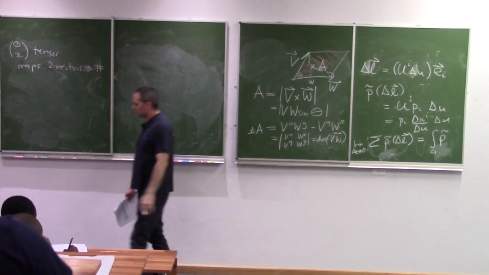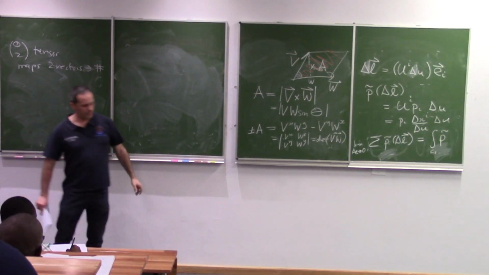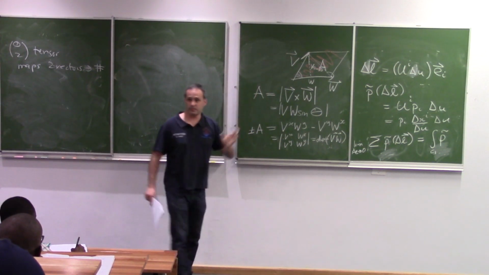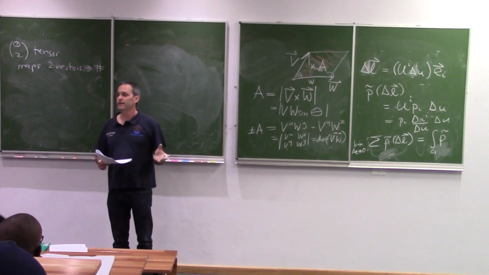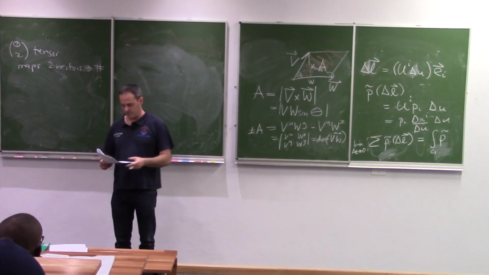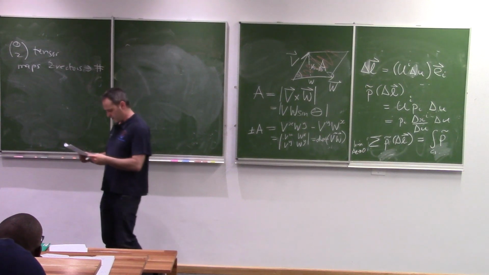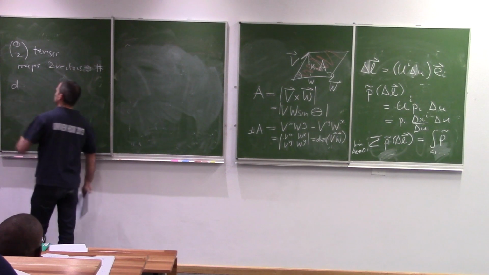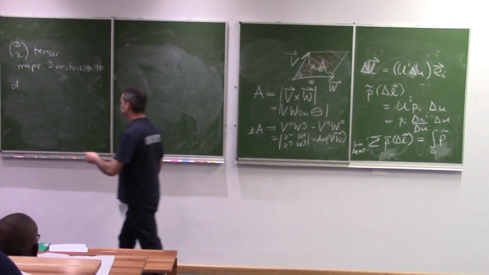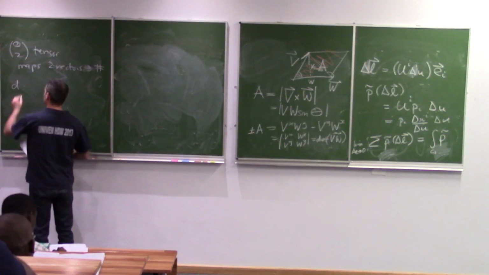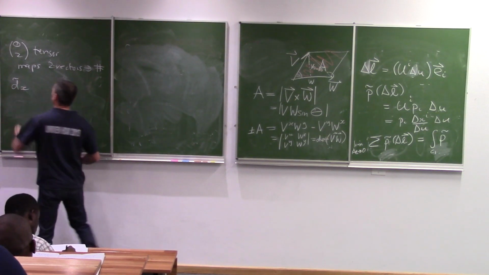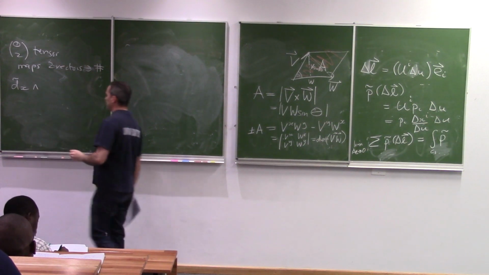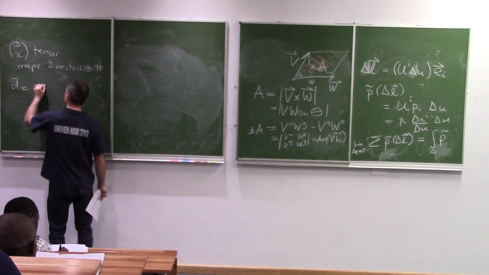Okay, so that's why two forms are not just any 0-2 tensor. They're the special 0-2 tensors which, when I give them two vectors, give me the area of the parallelogram defined by those two vectors. Okay, so I'm going to define something called the wedge product. Let's say I've got my two basis 1 forms in the xy plane.